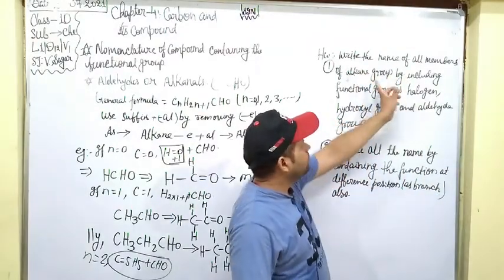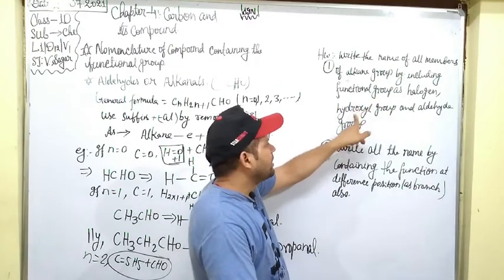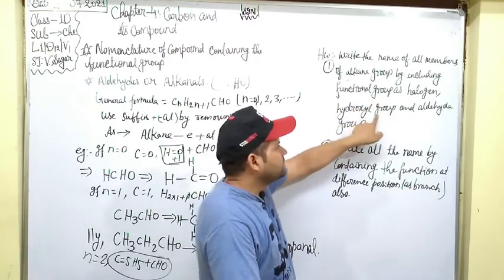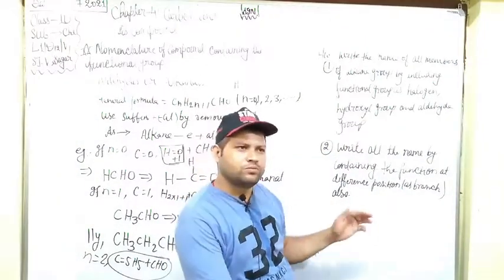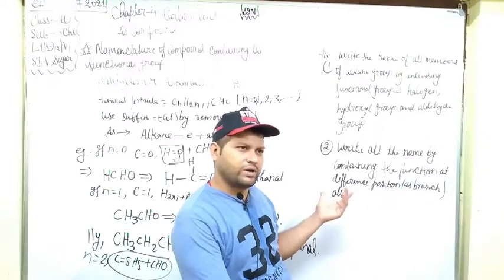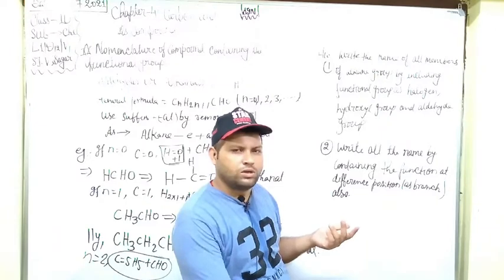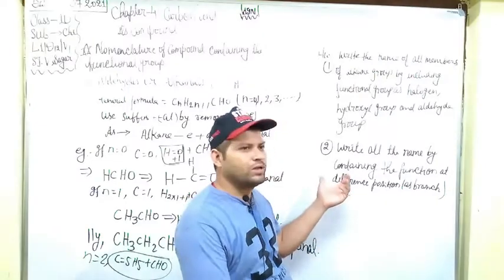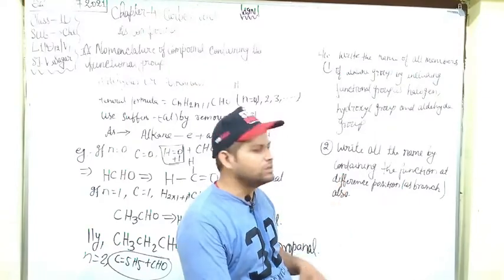Write the names of all members of alkane groups by including functional groups such as halogens, hydroxyl groups, and aldehyde groups. I hope this is very easy for you, as once you start to write the names, then I hope you will feel it's very easy.